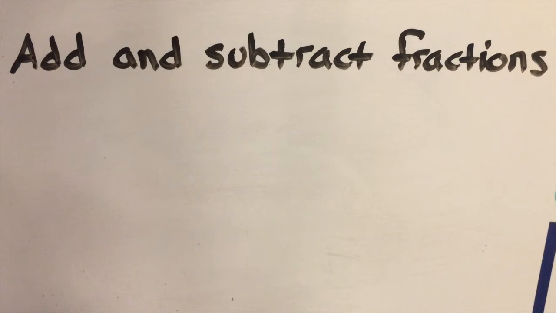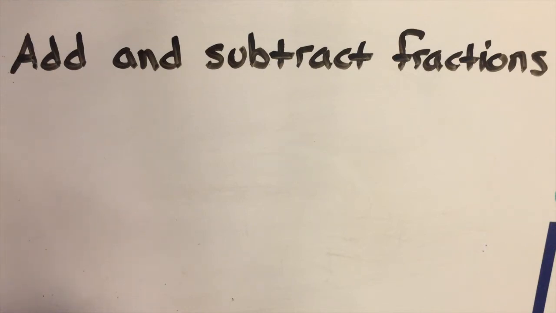Now we're going to switch gears a little bit and go from working with equivalent fractions over to adding and subtracting fractions. For 3rd grade, this is actually a pretty easy concept, because the denominator stays the same when we're talking about fractions in 3rd grade.